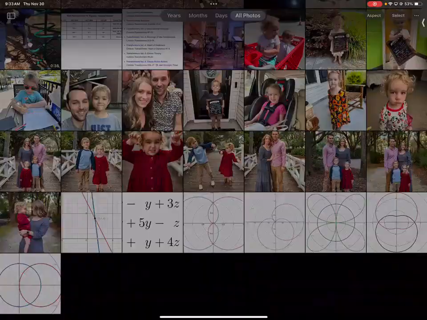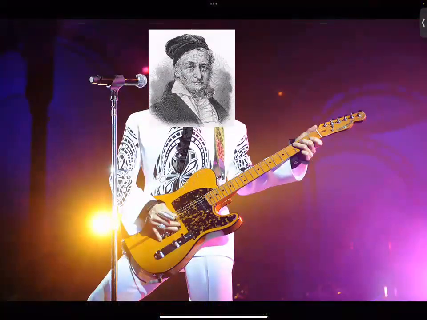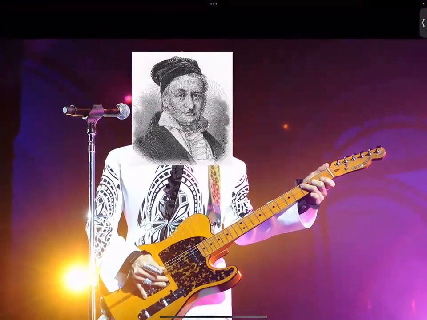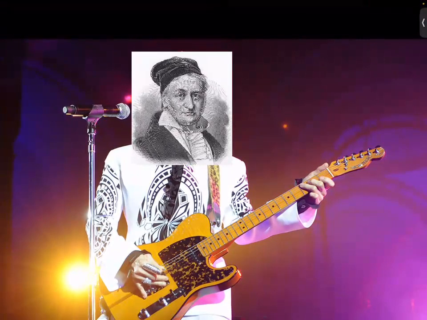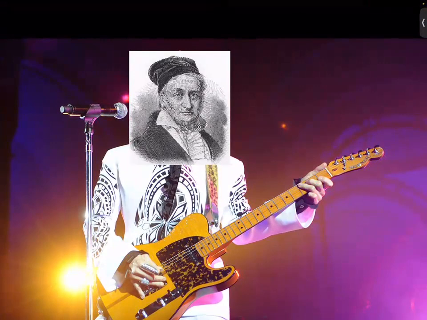This is worthwhile, so just indulge me for a second. He's the Prince of Mathematics. Now I know this looks like a real picture, but what I did is I took a picture of Prince and I took a picture of Gauss, which is like a drawing of Gauss, and I photoshopped them together. And I know you can't even tell. It's seamless.